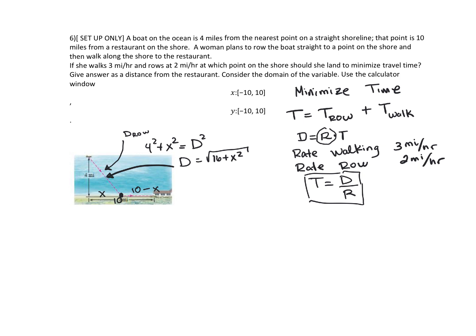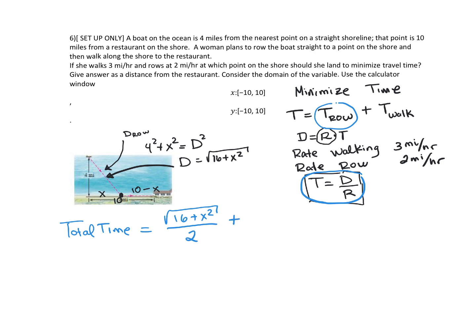So let's go back to what we were talking about. We know that our total time is the time to row. And time to row is the distance, which we just calculated, the square root of 16 plus x squared, over the rate for rowing, which is 2.